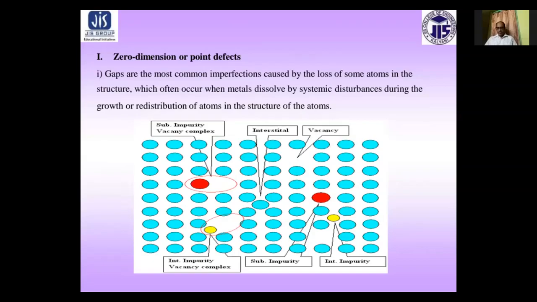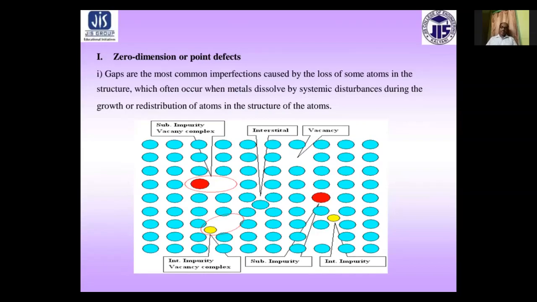For these point defects, all the atoms in the solid possess a vibrational energy at temperatures above absolute zero. That is, even at absolute zero temperature, the atom possesses a vibrational energy, whatever the small may be.